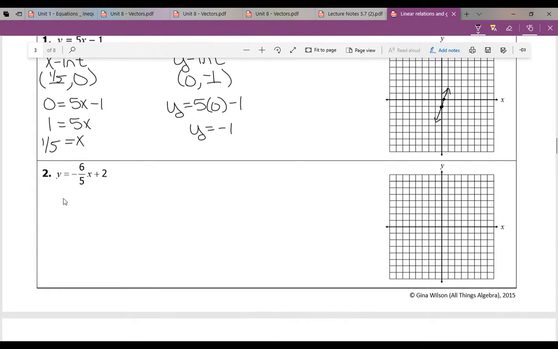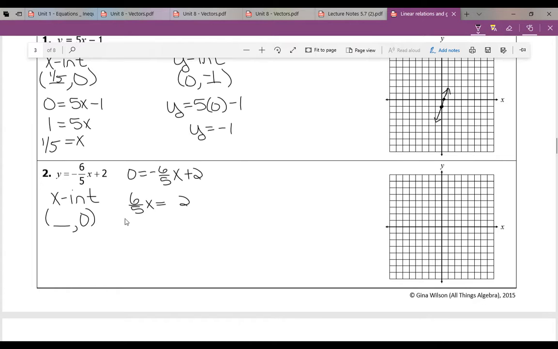So in this particular problem, to calculate our x-intercept in number 2, we're going to put 0 in for y and solve for x. So that would be 0 equals -6/5 x plus 2. I'm going to move it so that 6/5 x equals 2, I apologize.